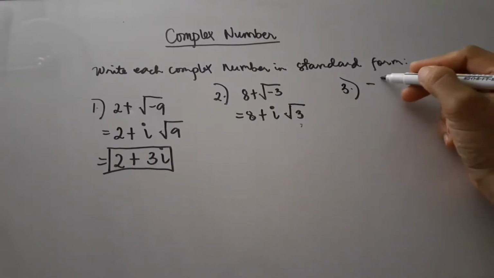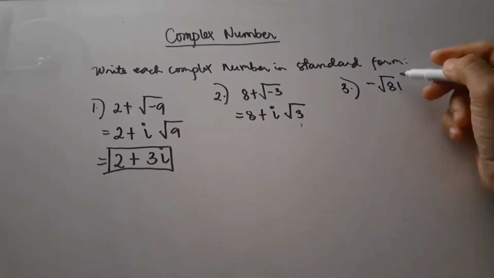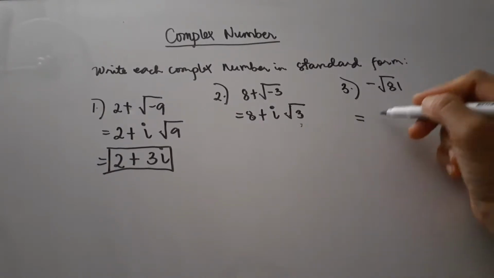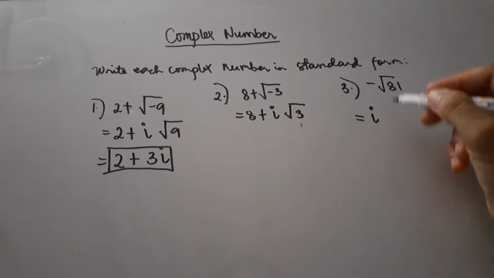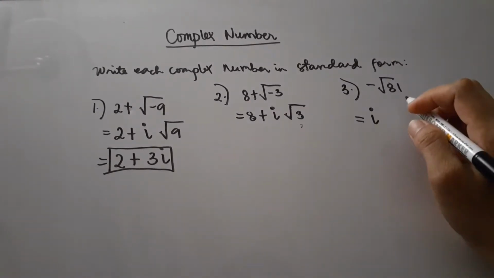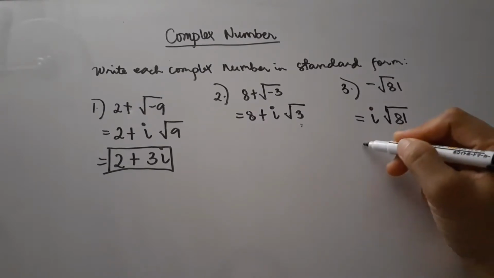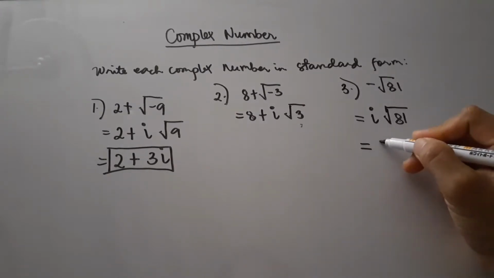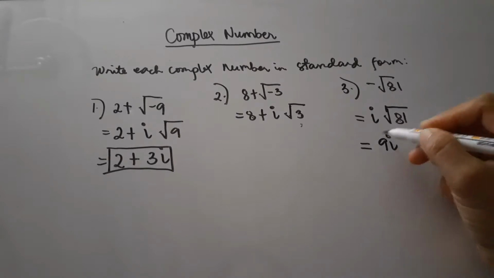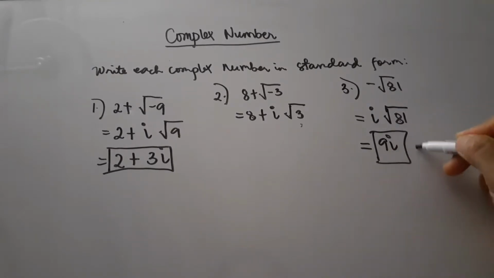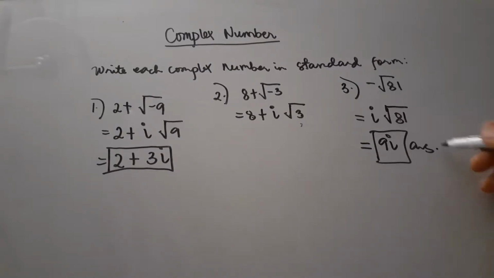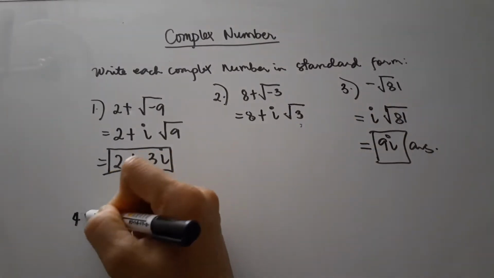We have negative the square root of 81, where i represents the negative. So the square root of 81. In standard form, we write the number first, so 9i, since the square root of 81 is 9, times the imaginary unit.